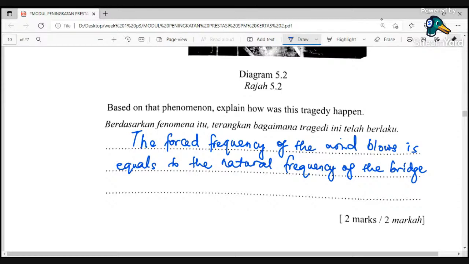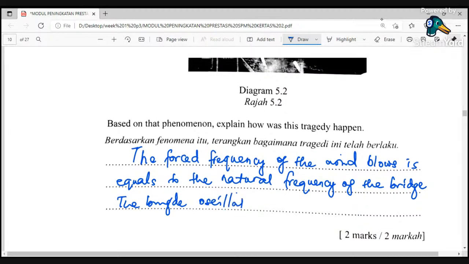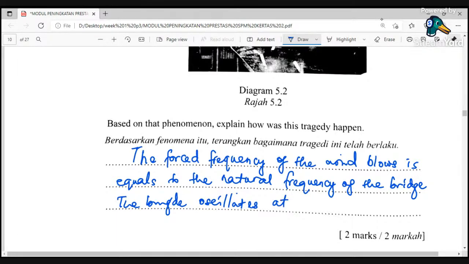So what happens when this happens? The molecules of the bridge vibrates at maximum amplitude until it able to release itself between force of molecule. Okay, so the bridge oscillates at maximum amplitude.